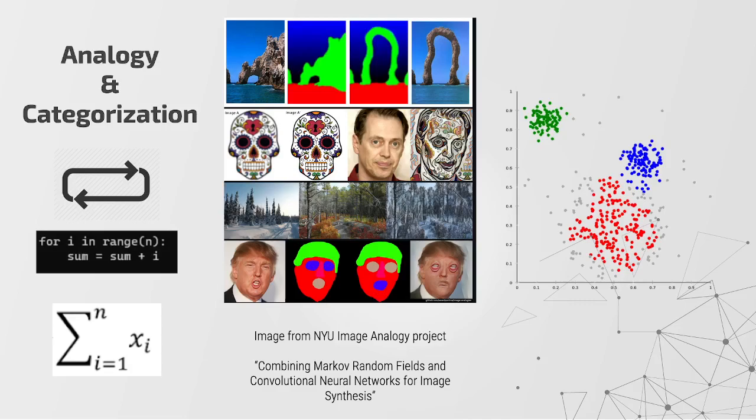So let's say we get another point and it falls pretty close to the green cluster. Then we can analogize what we know with this new thing and say that it belongs to the tree represented by the green group. Or if it's way out, maybe we need a new category to represent this new thing.